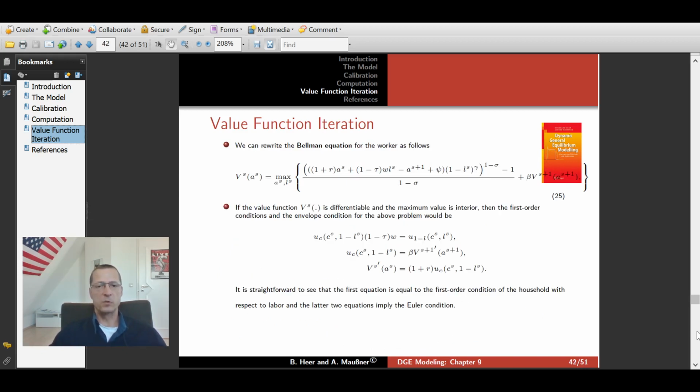Okay, so that's wonderful. No matter which approach we take, the value function iteration or using the nonlinear equations from the Lagrangian, we will end up with the same solution.